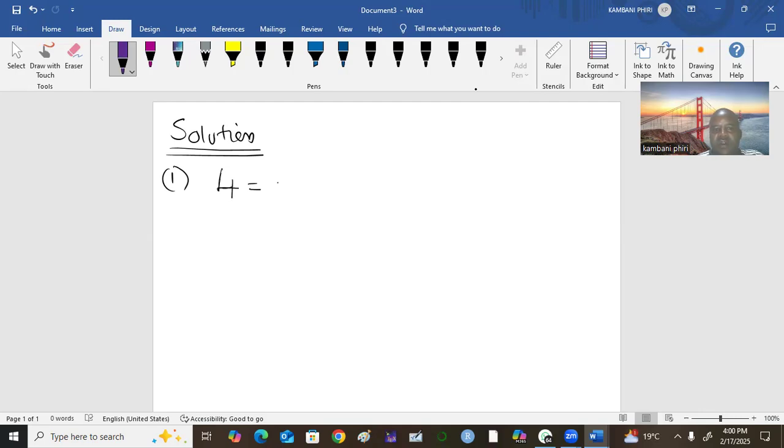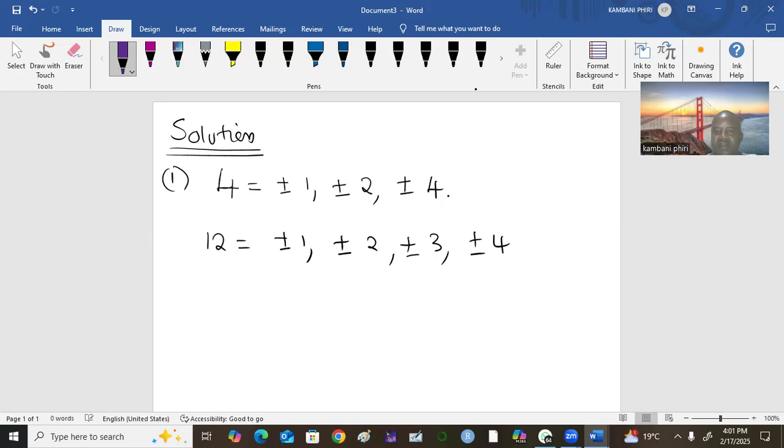So the factors of 4 are plus or minus 1, plus or minus 2, plus or minus 4. All right? How about 12? Plus or minus 1, plus or minus 2, plus or minus 3, plus or minus 4, plus or minus 6, plus or minus 12.